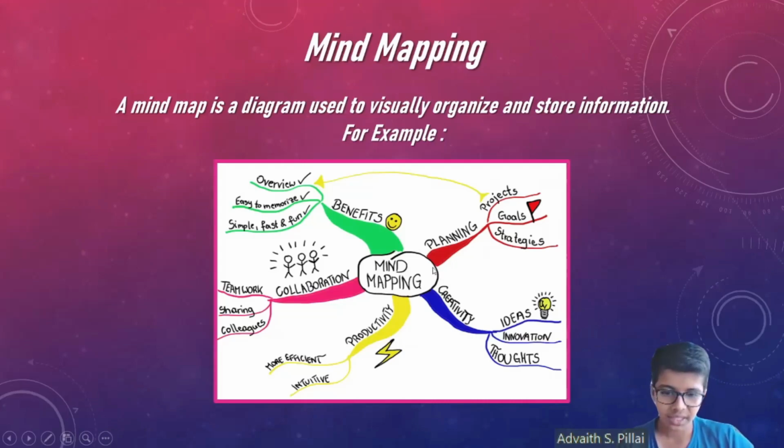You can make it like this: planning, and then projects, goals and strategies, creativity, ideas, innovation, thoughts, productivity, more efficient, intuitive, collaboration, teamwork, sharing, colleagues, benefits, overview, easy to memorize, simple, fast and fun. You can make your mind map like this, and it's advisable to make a mind map once a week.